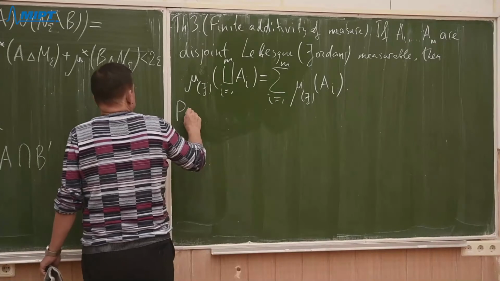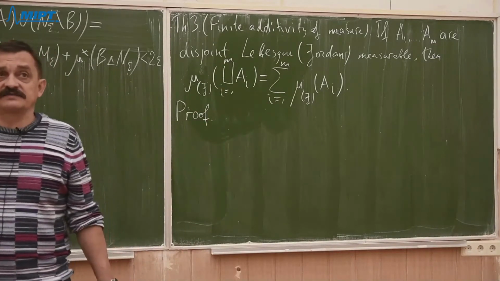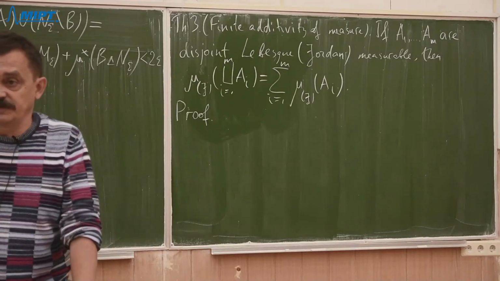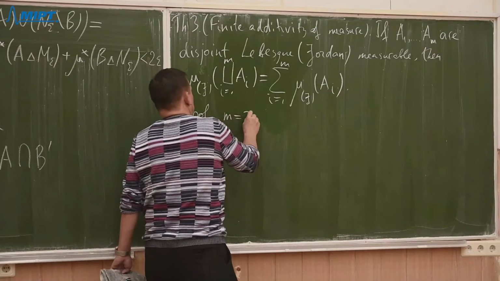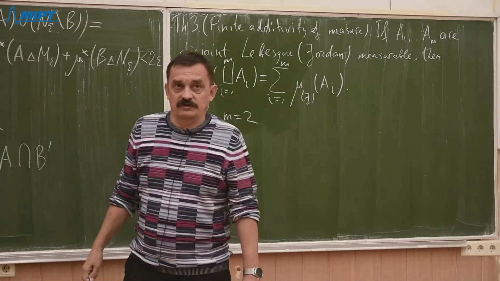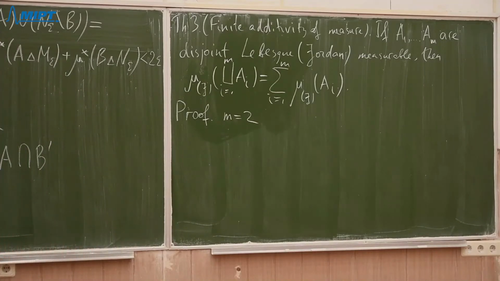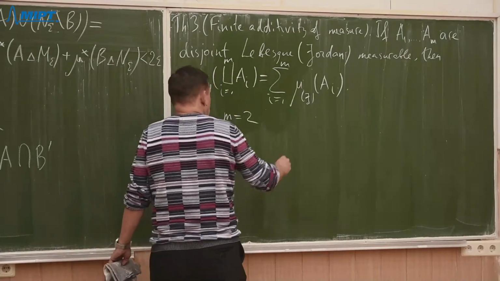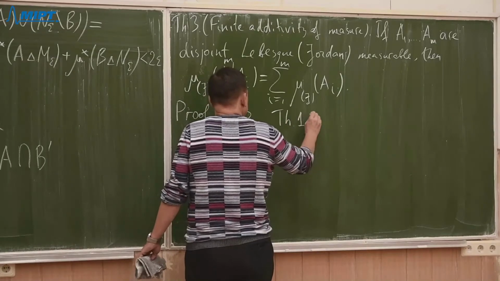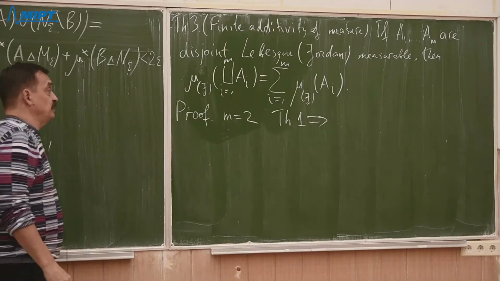And the proof is again completely analogous for both Lebesgue and Jordan measures. I'll do it only for m equals 2, because after that we can use induction. So we have two sets, A_1 and A_2, and apply theorem 1. What does it mean?